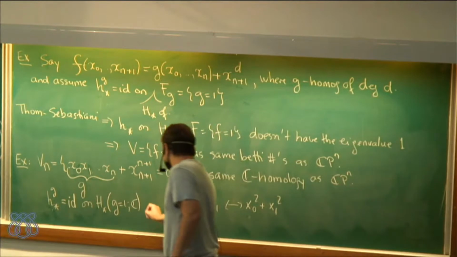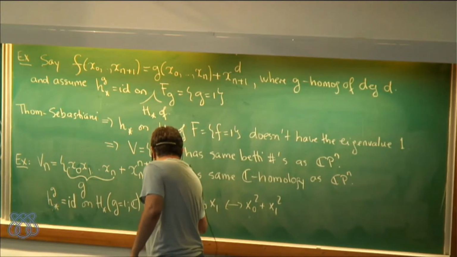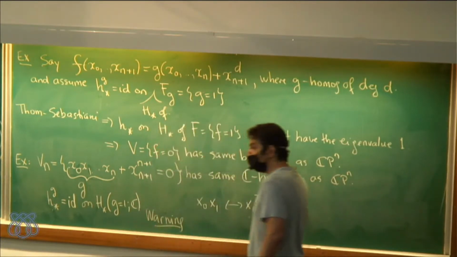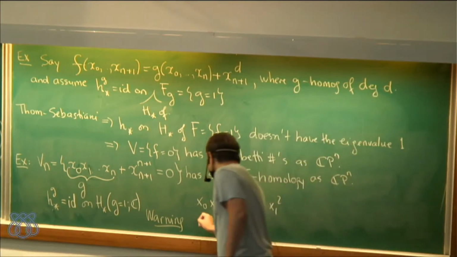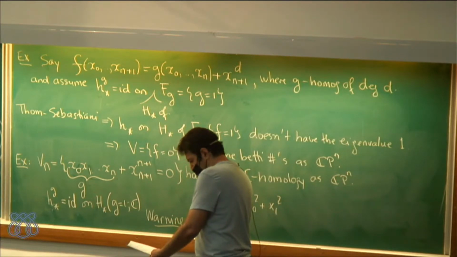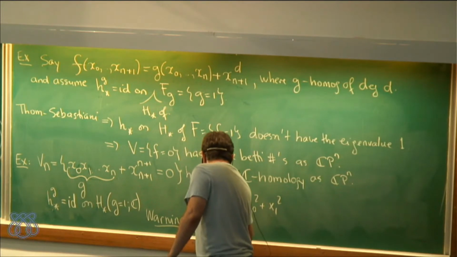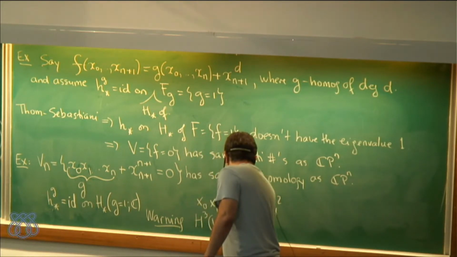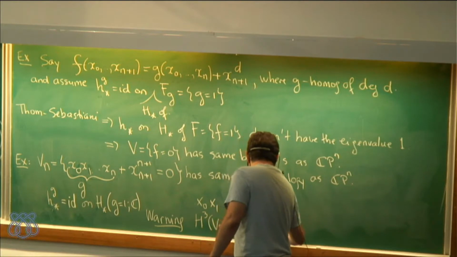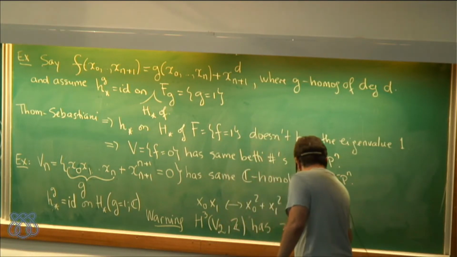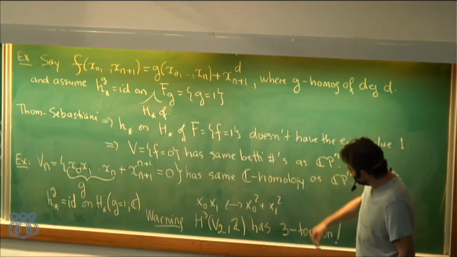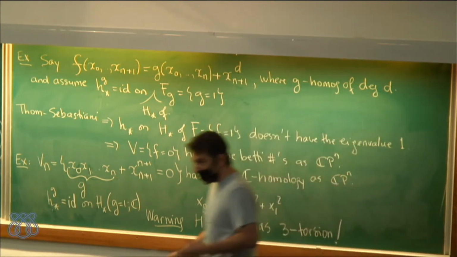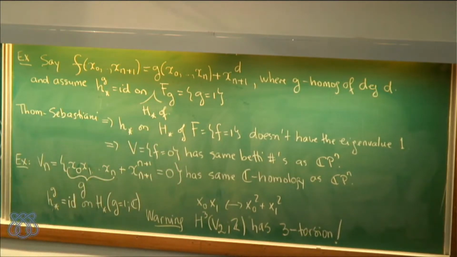So I said that this is just about the same C homology, not about Z homology. So for example, H3 of V, with n equal to 2 and Z coefficients, has 3-torsion. Of course, you don't care about this for the Milnor numbers, but for the Betti numbers. But if you care about the integral cohomology, this comes up.